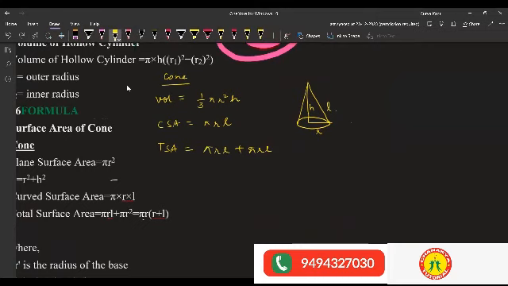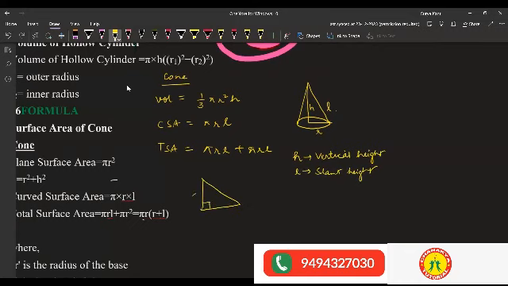Now there's a small difference between h and l. h is your vertical height, right? And l is the slant height, okay? So you take this triangle like this.